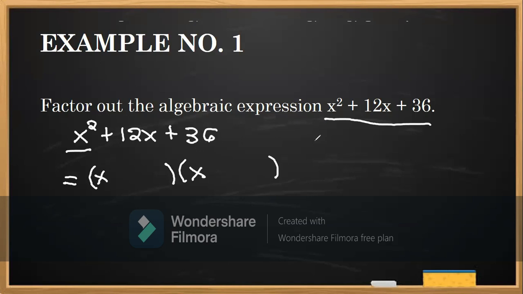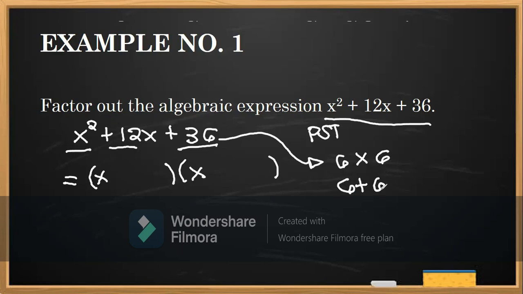Since this is a perfect square trinomial, to factor 36 we need two factors that are the same perfect square number, and that is 6 and 6. This is the product. To get the sum, which is 12, that's 6 plus 6.